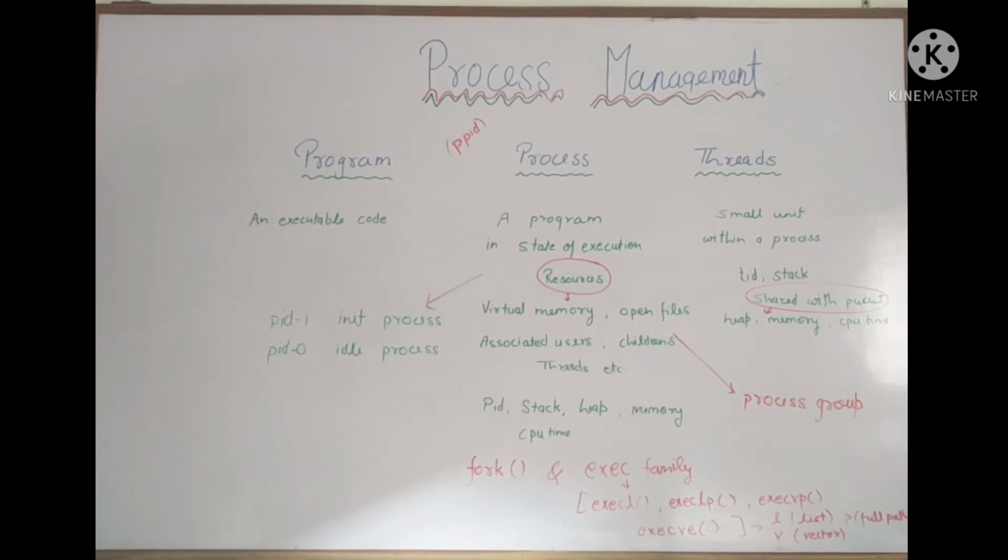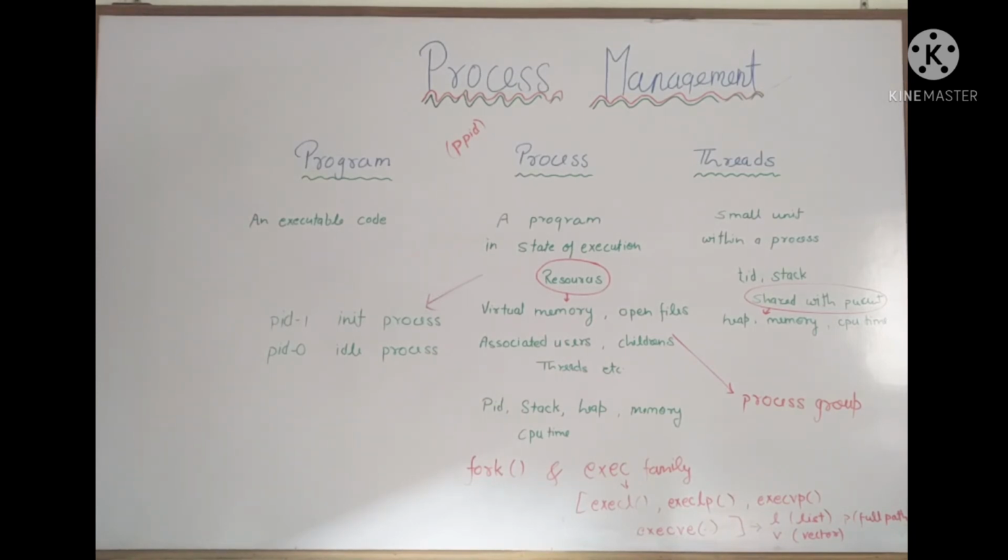There is one more thing. Every process has a process group. Every process is also associated with a process group. For that, we will discuss the process control block, and in the process control block we will see what a process group is and all the other details.